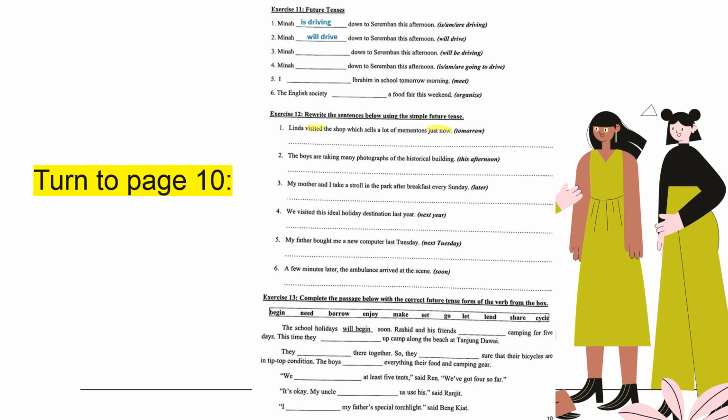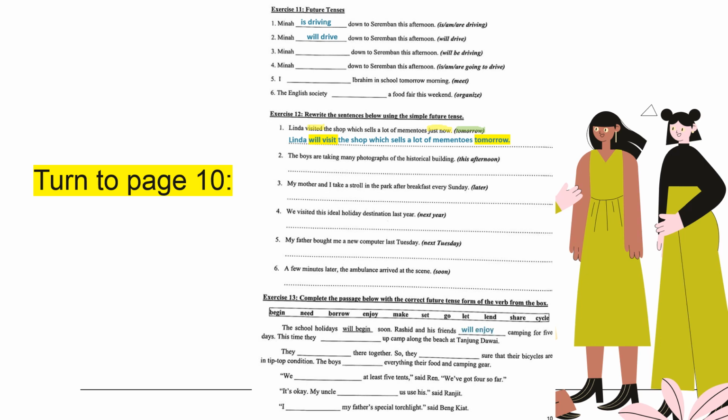You can't use this because you want to show tomorrow. The given word for you here is tomorrow. So you need to use tomorrow in the sentences now. So what are you going to write? Which is Linda will visit. Because future tense, Linda will visit the shop which sells a lot of mementos. Then you use the word tomorrow here. Okay, can you understand?